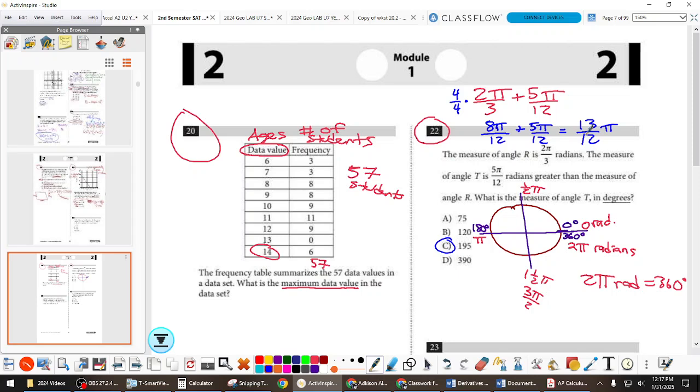Like if this had been, let's see if you can pick up on this, how about 4 pi over 9? What if we had added and got 4 pi over 9? What is that super close to? Like a number that you know instead of the 9, what would make that easier to do?